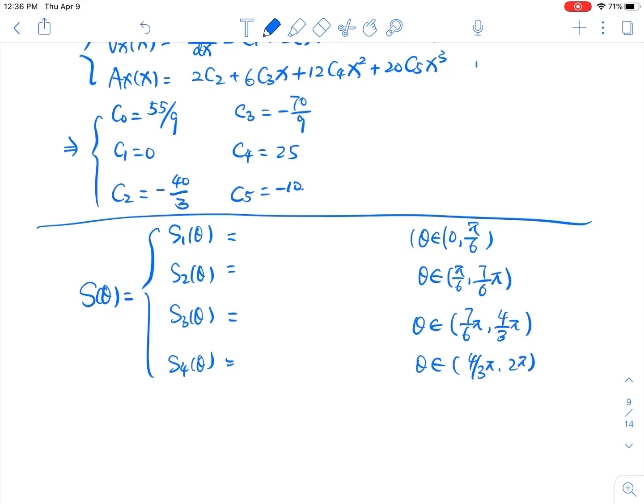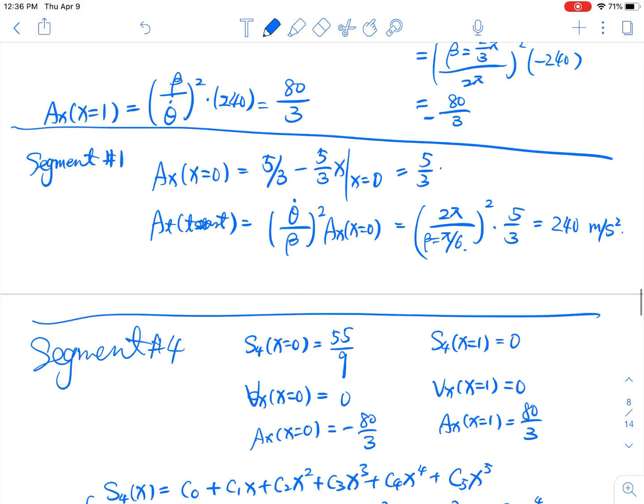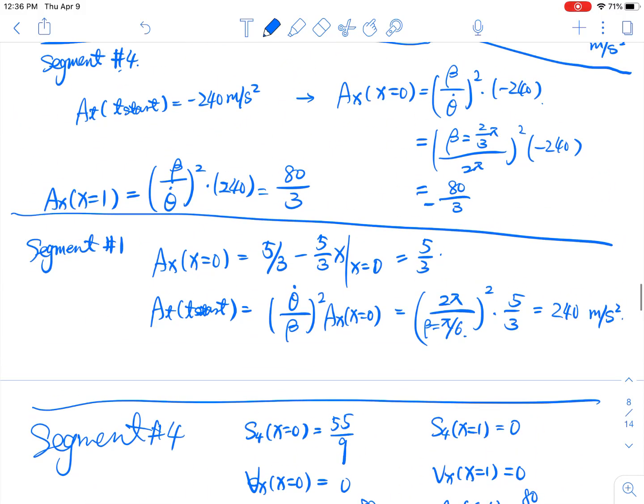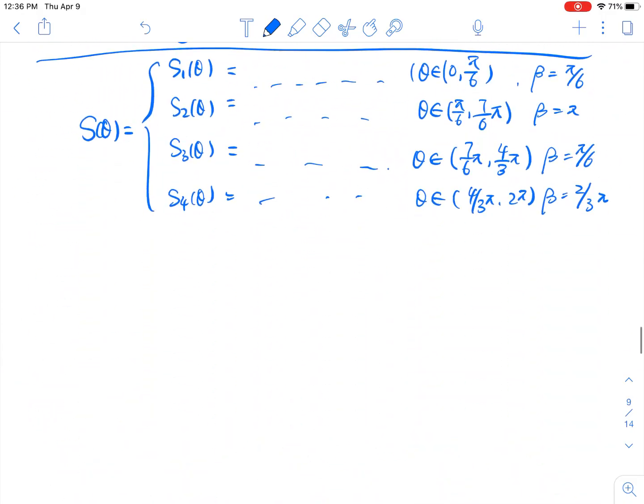Remember that in your S theta you have different beta values. So here you also need to mention that this beta is 1/6 pi, this beta is pi, this beta is 1/6 pi, and this beta is 2/3 pi. All right, so that's the solution for this cam design.